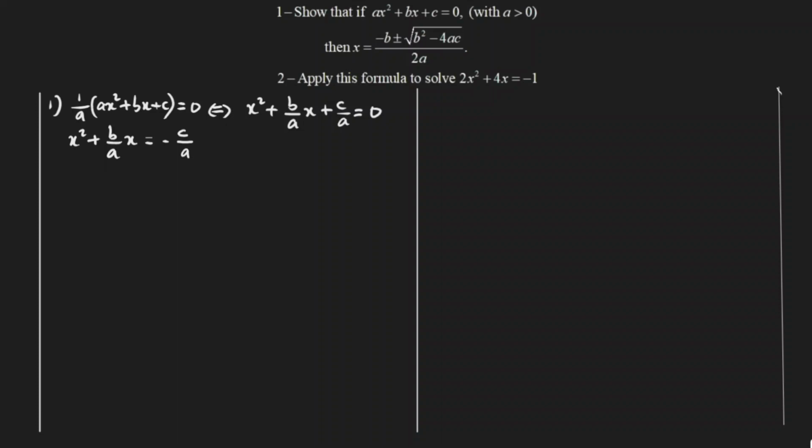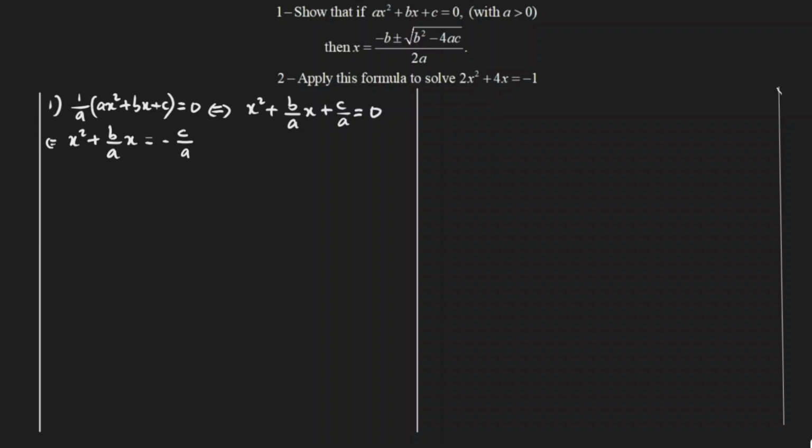Now, here we have to ask ourselves, what is the constant which, added to the binomial x squared plus b divided by a x, gives us a perfect square? That constant is b divided by 2a all squared.